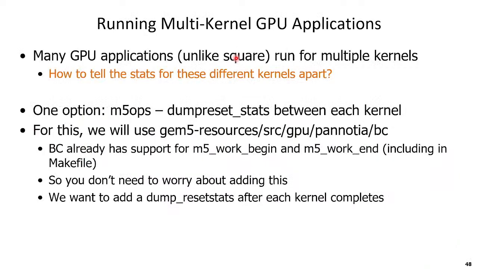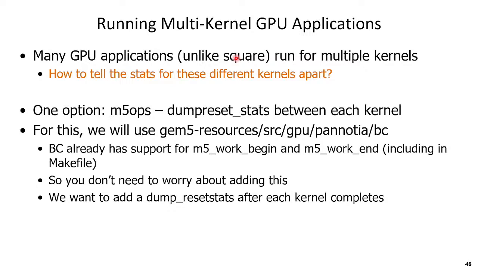So that is the very first application. But one of the things you might have noticed is Square is just running this one small kernel that's just adding two vectors together and putting them in another array. It's not super exciting. Real GPU applications are going to run many kernels.